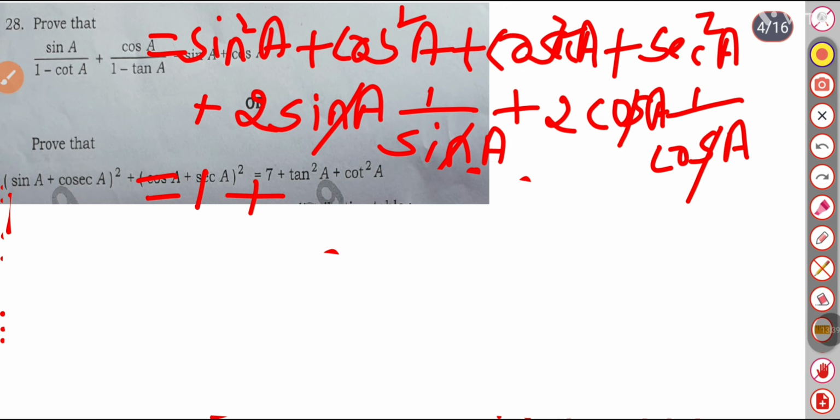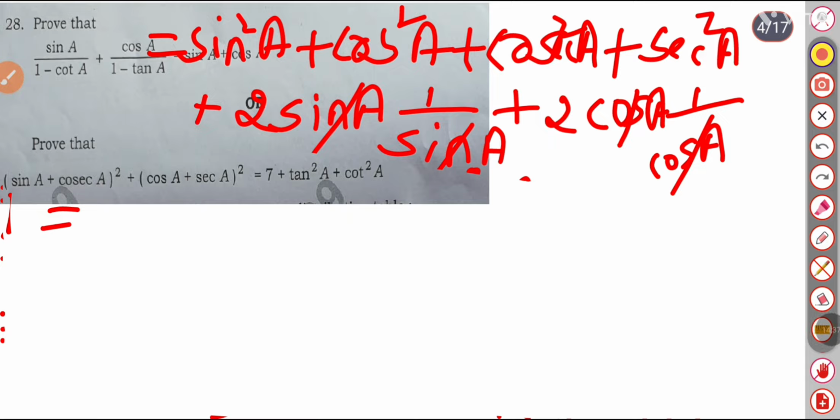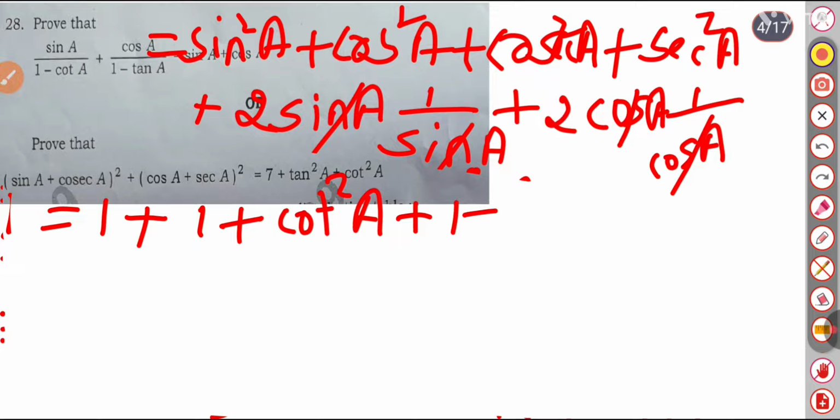In place of cosec square A, I'll write 1 plus cot square A. Again, sec square A I'll write as 1 plus tan square A. Here sin square A plus cos square A is 1, and the remaining squares become 1 plus cot square A and 1 plus tan square A. Plus here 2 is remaining, again one more 2 is remaining.